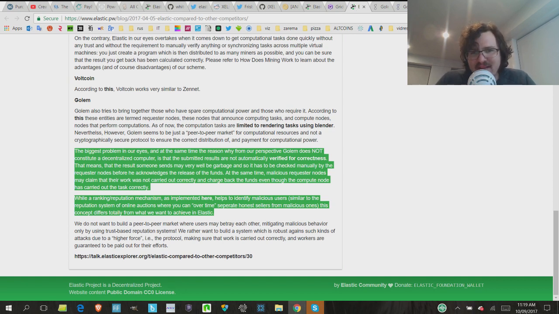They say that Golem doesn't really constitute a decentralized computer, due to the verification process not being verified for correctness. They criticize that there's the potential for malicious requesters to claim that the work was not carried out correctly, for fund chargebacks to be carried out. Interesting.